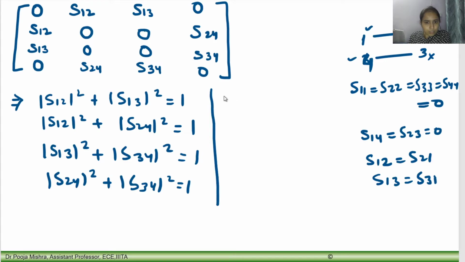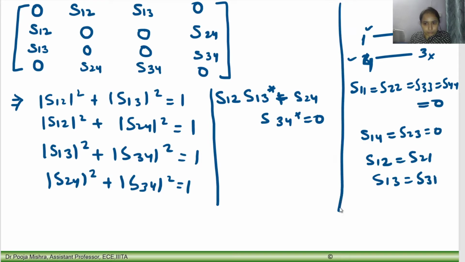This is the unit property, and then the zero property. What does it say? If you multiply one component with the conjugate of another component in the second column and take the sum of all these products, it will give you 0. So S12 S13 conjugate plus S24 S34 conjugate is equal to 0, because if you multiply these two columns, everything will be 0.